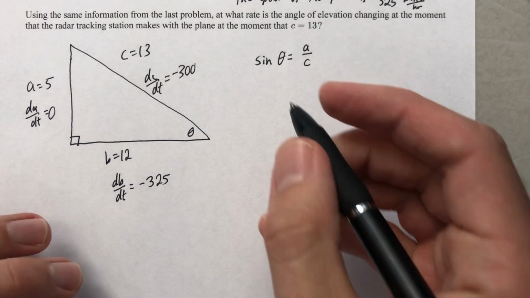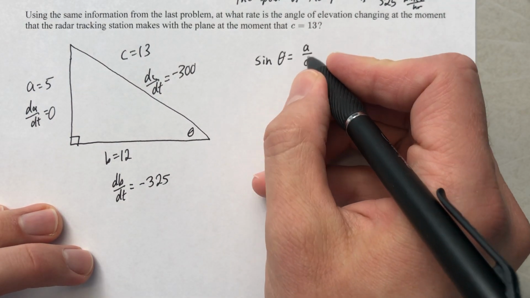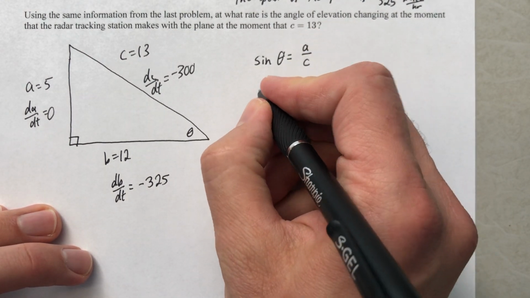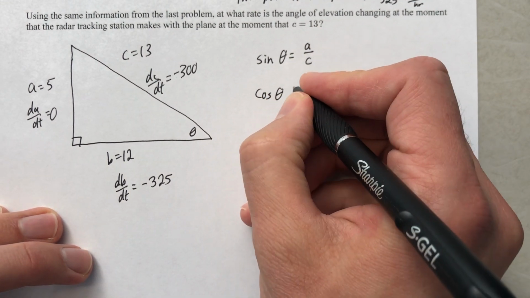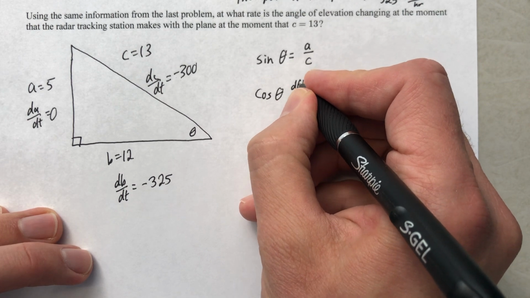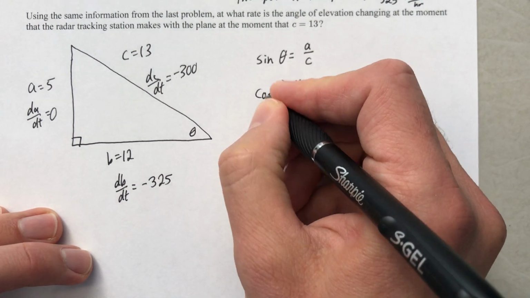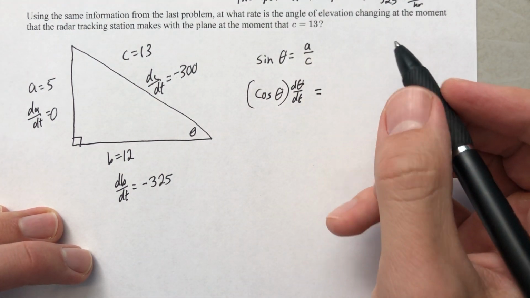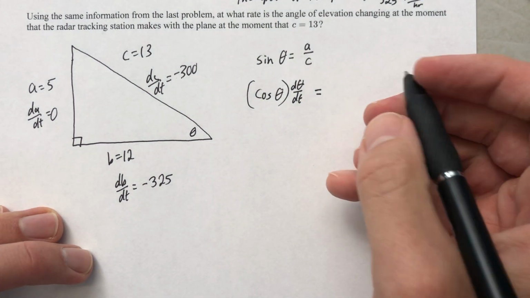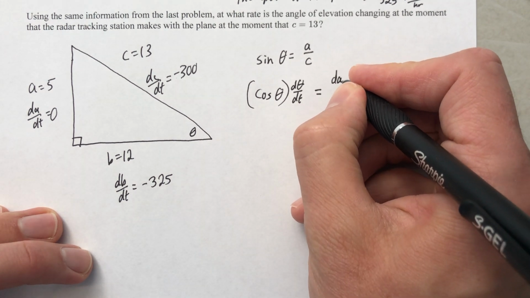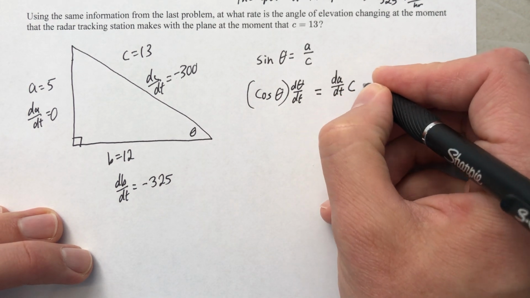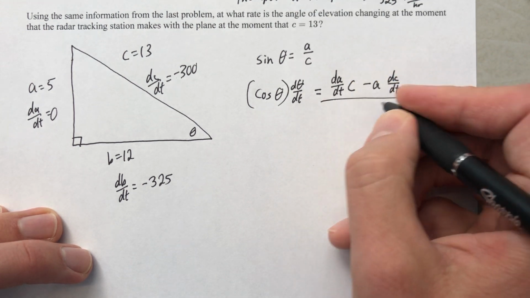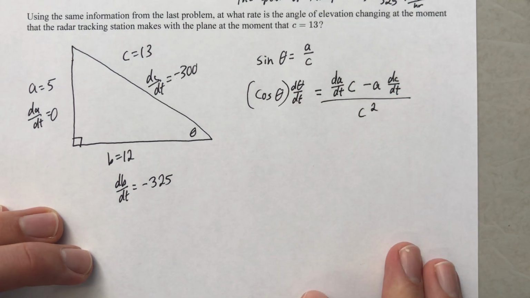We're going to take the derivative of both sides. When I take the derivative of sine of theta, I get cosine of theta times d theta dt, equals the derivative of A over C. That's the quotient rule: f prime g minus f g prime, all divided by g squared.